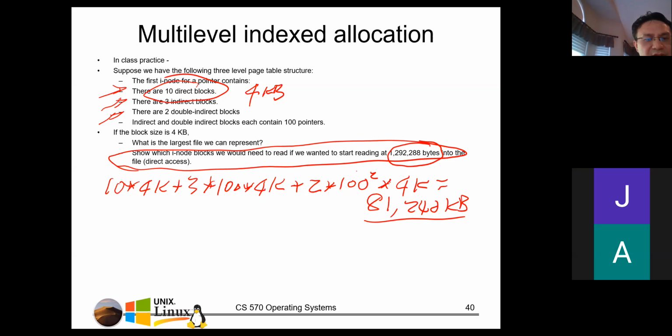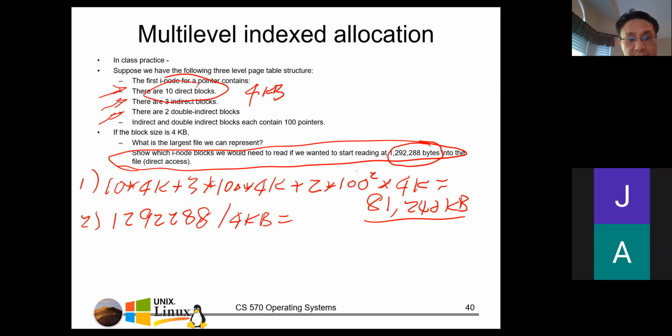So if you use the position, 1,292,288, divided by 4 KB, that will give you the actual index of the block, considering all these levels.